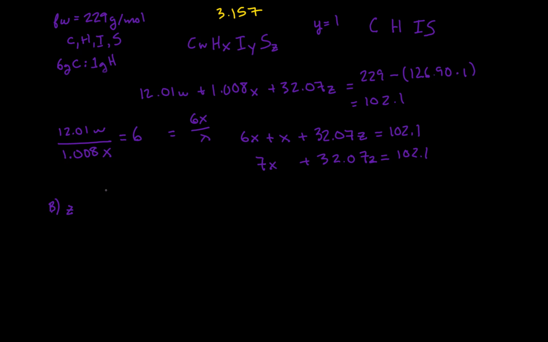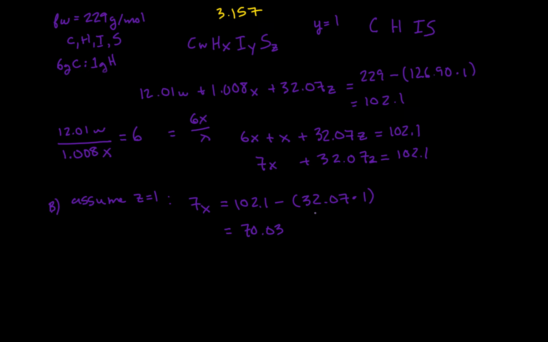Actually, I'm going to make this explicit. Assume Z equals 1. That means we would have 7x equals 102.1 minus 32.07 times 1, and this is equal to 70.03.